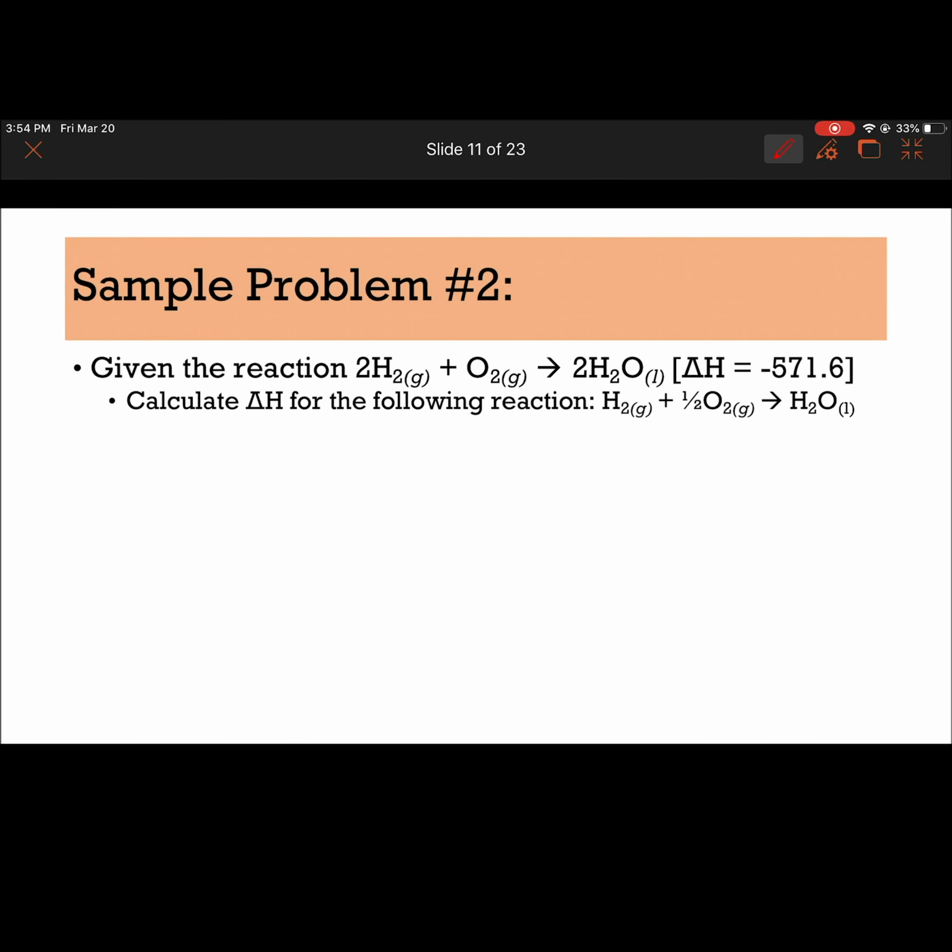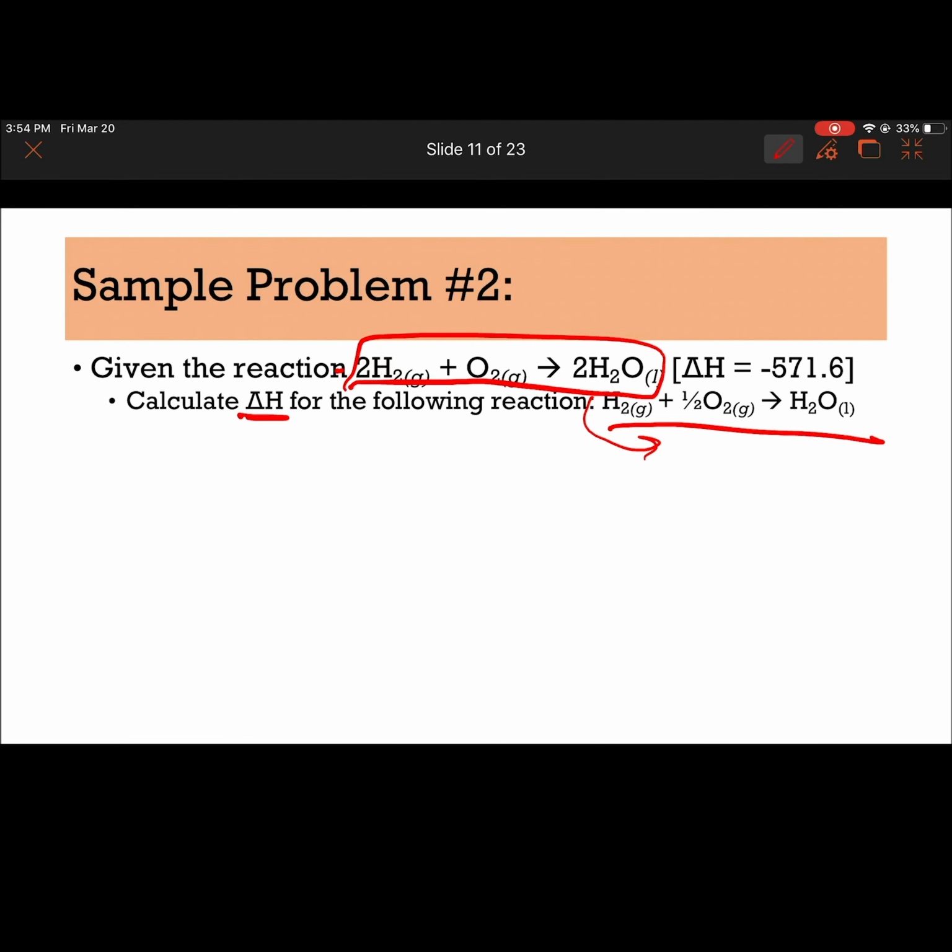Okay, so here we give you a reaction, and it's saying, calculate delta H for the following reaction. If we go from the original given one to the one the question is asking, all you did was cut everything in half.